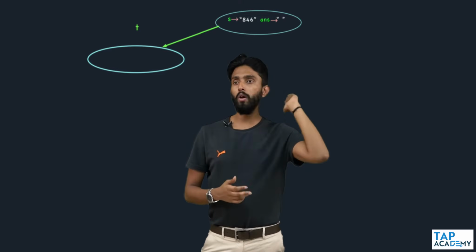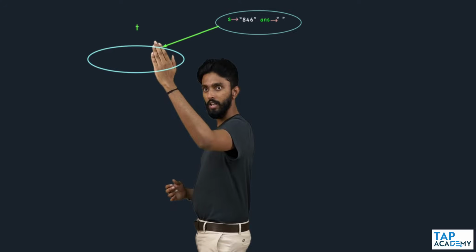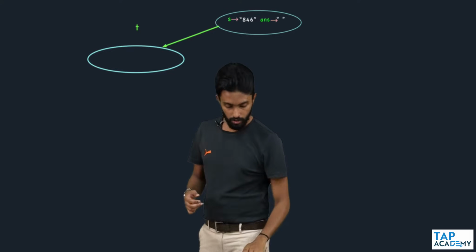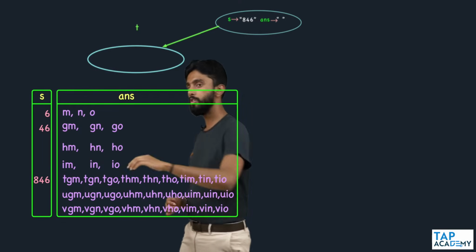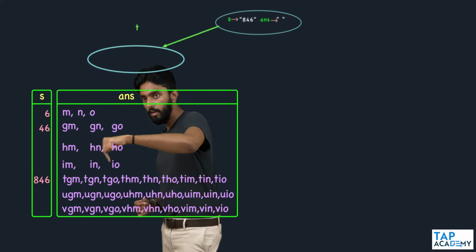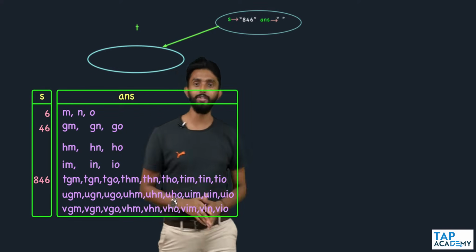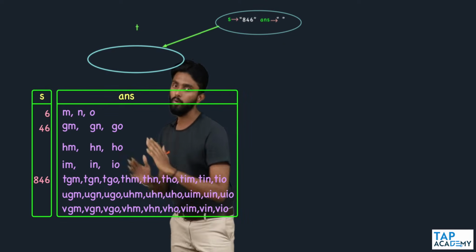For now, forget about U and V. Let's stick to T. Now, if in case it is T, great. T you have picked, which means all these combinations starting with T is what you're going to generate, friends. Similarly, for U you have to generate. Similarly, for V you have to generate.